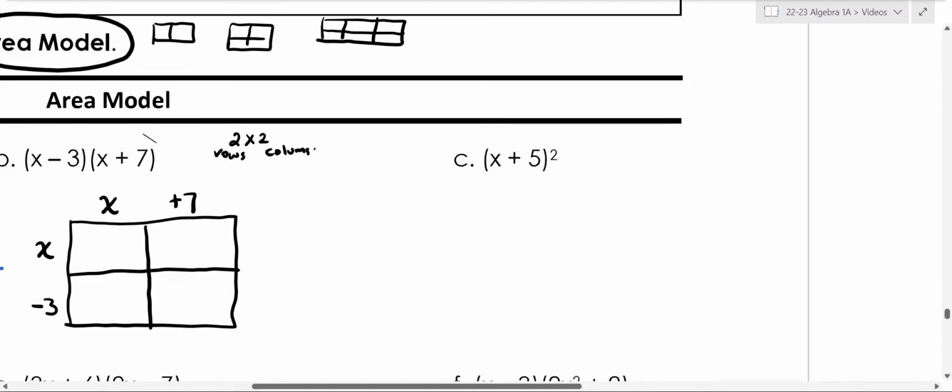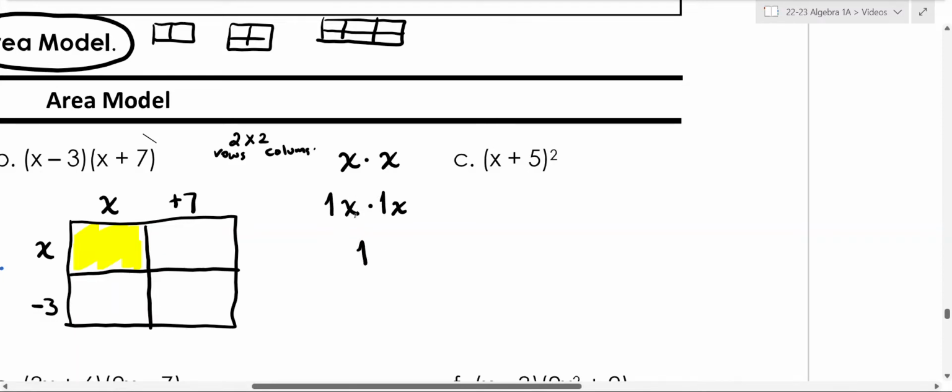For this box right here, we have to multiply the x and the x. So what's x times x? Same base at the x. You're like, oh, Miss Benita, do the rules really apply? Yes, they do. X times x is 1x times 1x. So now think about it. Multiply the coefficients. What's 1 times 1? 1.